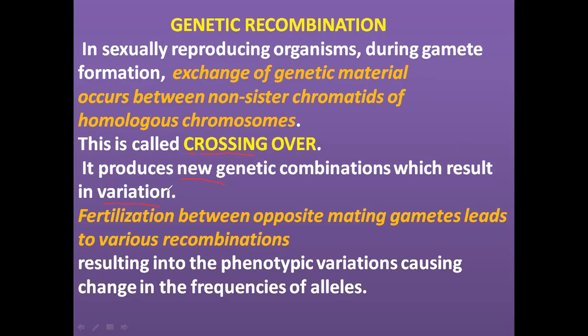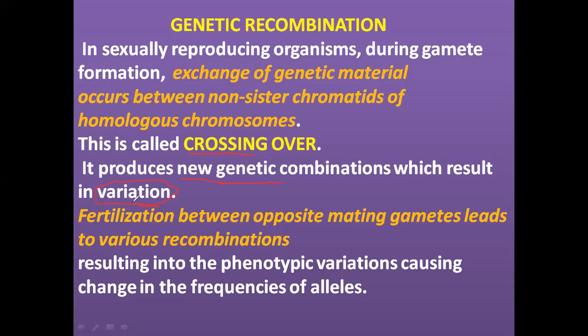Remember this, only in sexually reproducing organisms crossing over takes place, and due to crossing over, new genetic recombination takes place, and due to new genetic recombination, variations occur. That's why each and every individual is different from each other, except homozygotic twins. You know, in homozygotic twins, both individuals are male or both individuals are female.